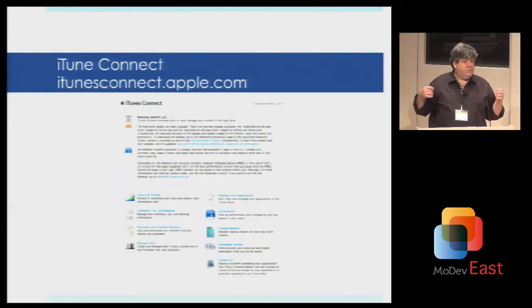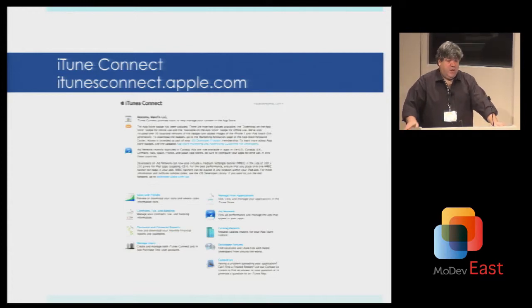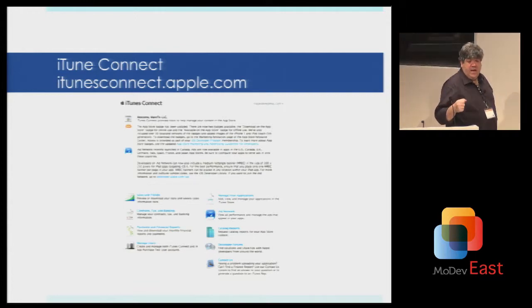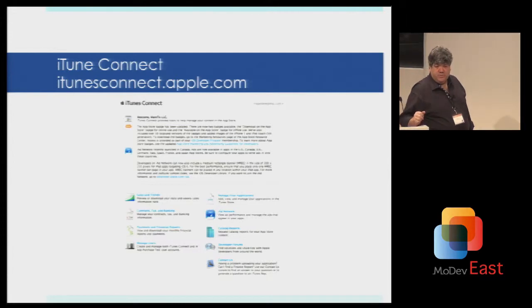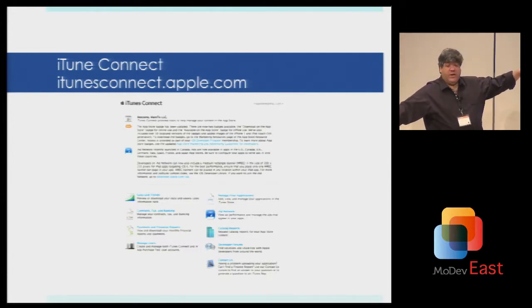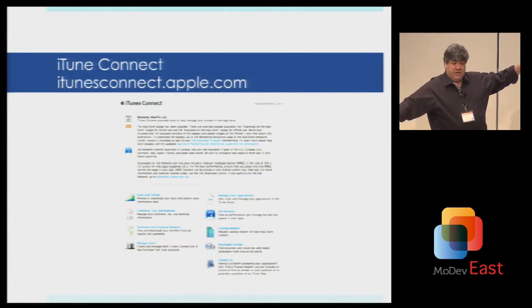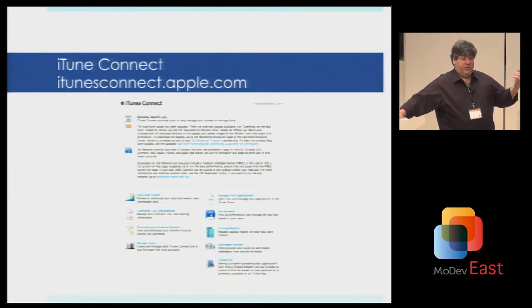Now, let's say you've done and tested your application, you've got the provisioning profile set up, you're ready to push it out for people to actually purchase it. Then you go to iTunes Connect. First of all, this is the area where a lot of your licenses and Apple documentation is. Every once in a while they'll change some sort of agreement.